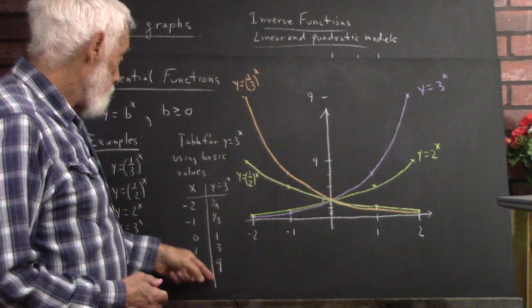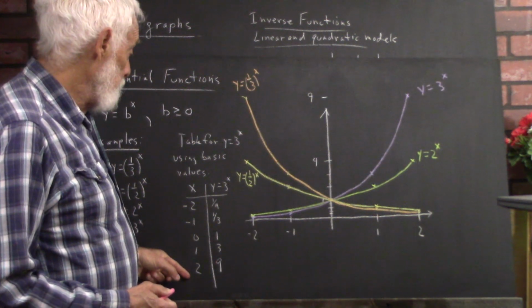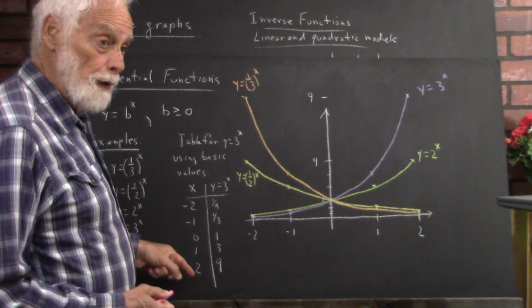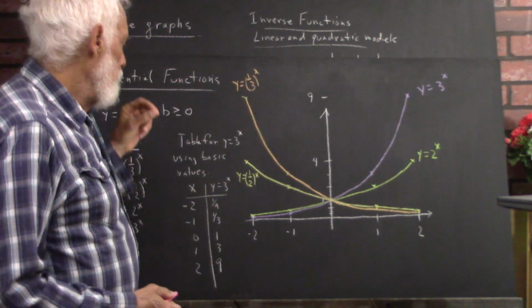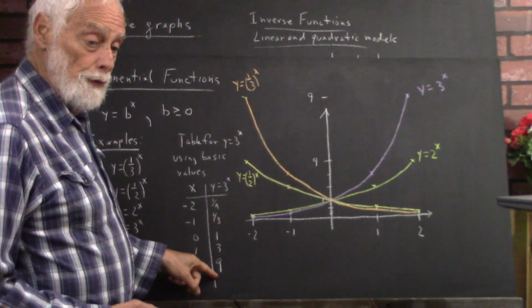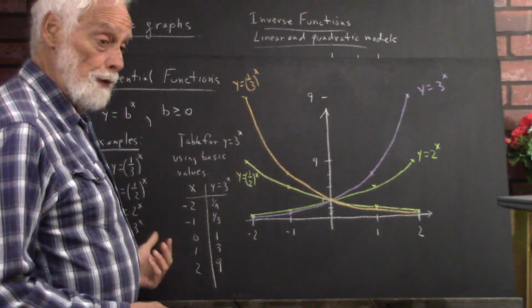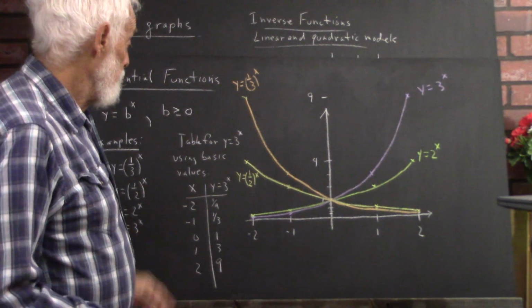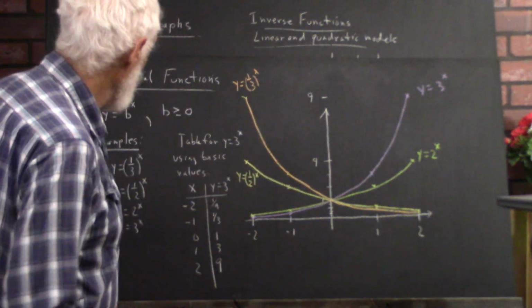And for positive values of x, the larger the positive value of x, the more the 3 to the x function is going to exceed the 2 to the x function. Or we could say the greater the ratio of the 3 to the x function to the 2 to the x function. There's plenty I could say about that, but let's stay focused on the idea of these graphs.